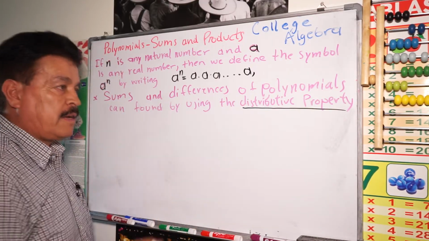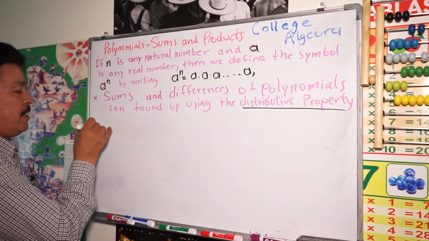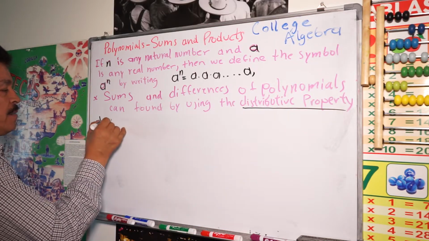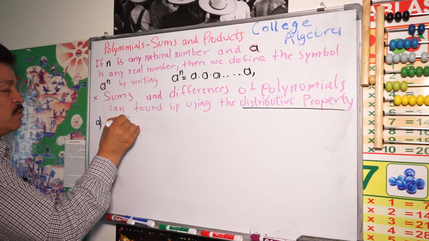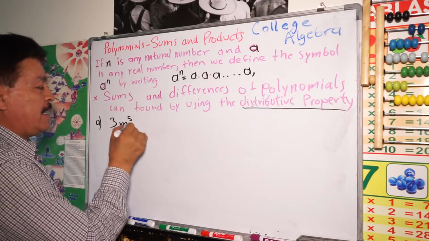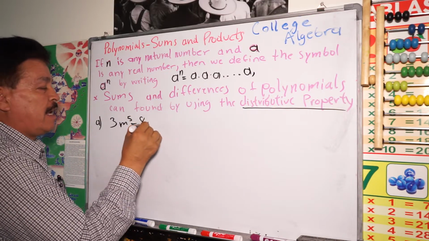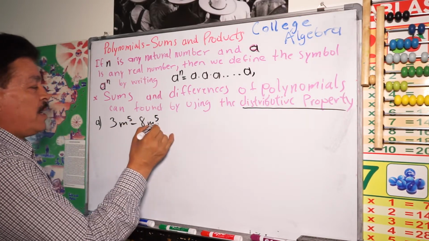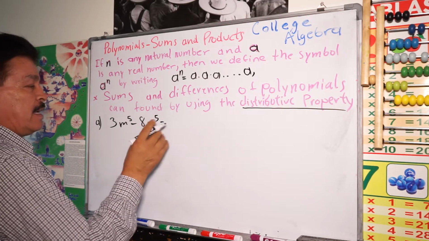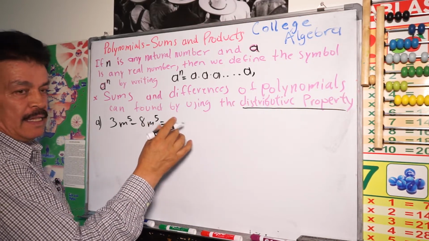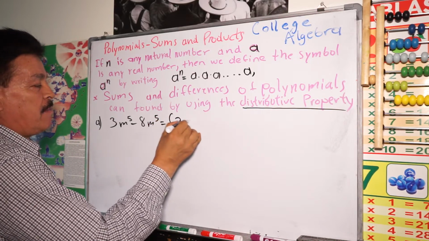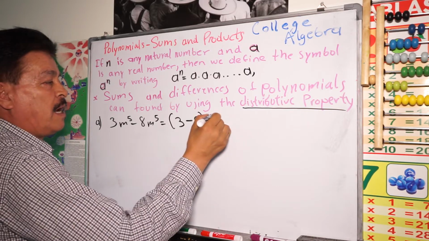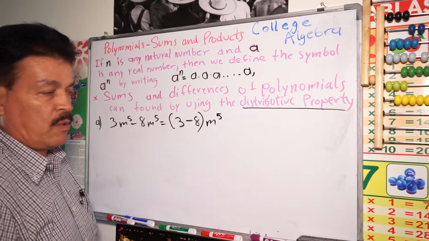And that way we have here one example. If we have 3m to the 5th power minus 8m to the 5th power, we are able to write our problem in this way: 3 minus 8, right, times m to the 5th power.